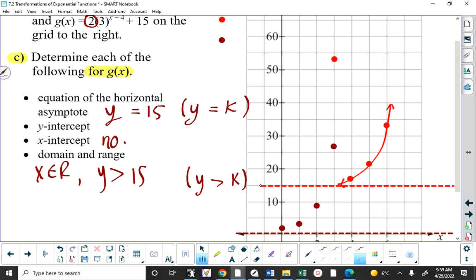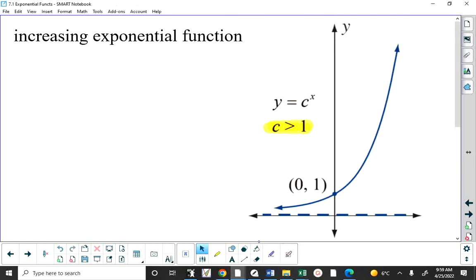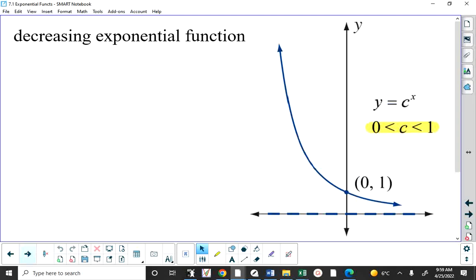So just to take a look at that, this is what you're talking about, c is less than 1, but the horizontal asymptote is still the x-axis and the graph is still above it. So if I shift this up or down, it will still have a range of y is greater than k. The only way you can do it is to reflect it vertically with a negative a.